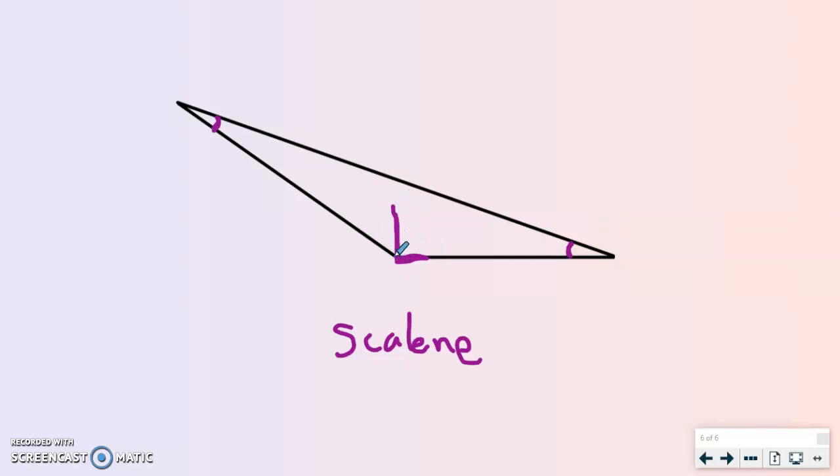This goes past that. Okay, this goes way past that. So this is an obtuse angle. It's a really big obtuse angle. So because it has at least one obtuse angle, we are going to classify this as an obtuse triangle. So this is an obtuse scalene triangle. It has one huge angle, and all the sides are different lengths.